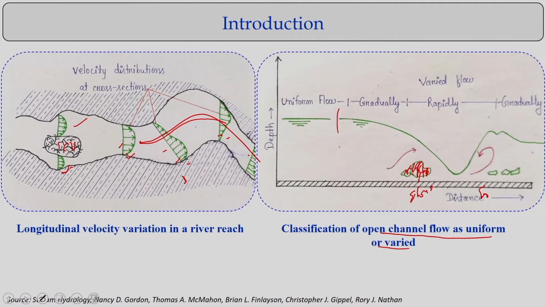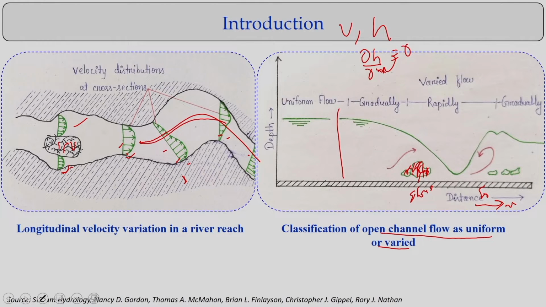There will be a part where the flow will be uniform flow. That means the flow values like velocity and depth, the variation of the velocity and the depth with respect to x, where x is the longitudinal direction, remains very close to 0.